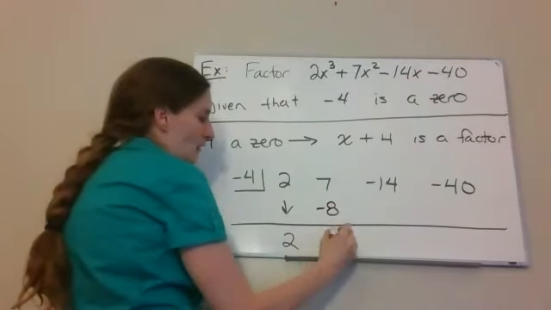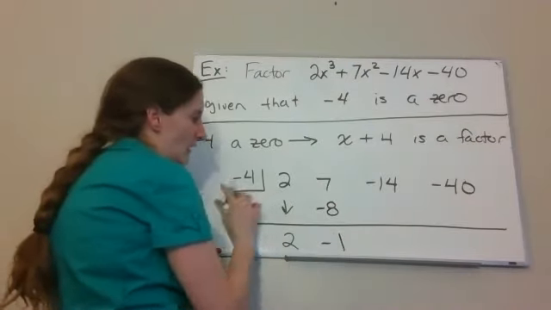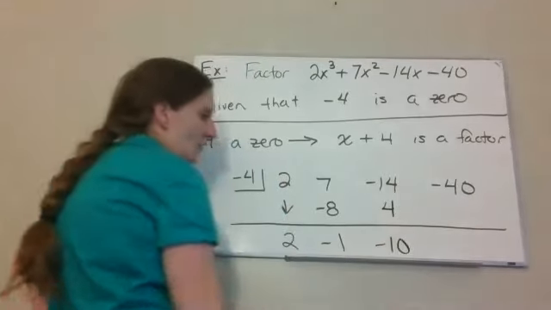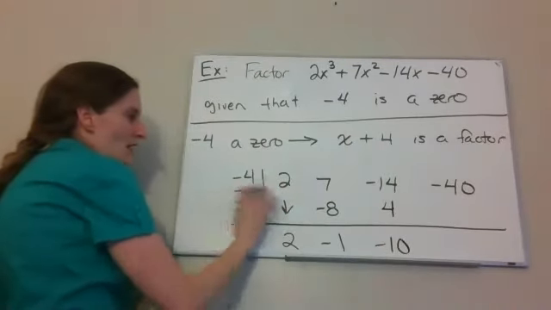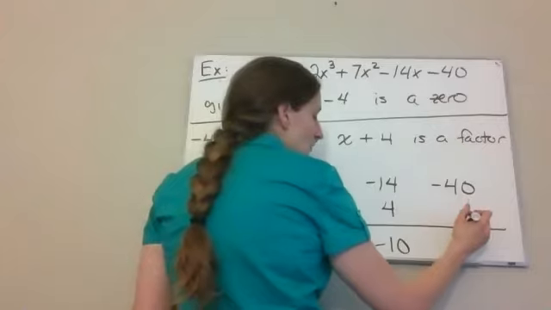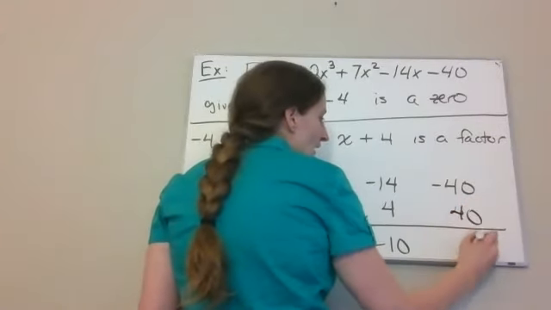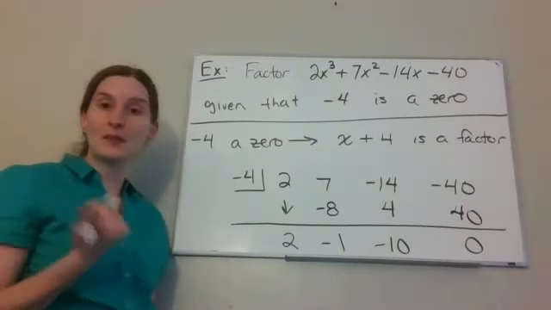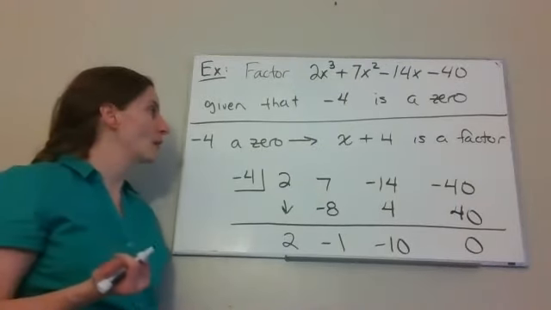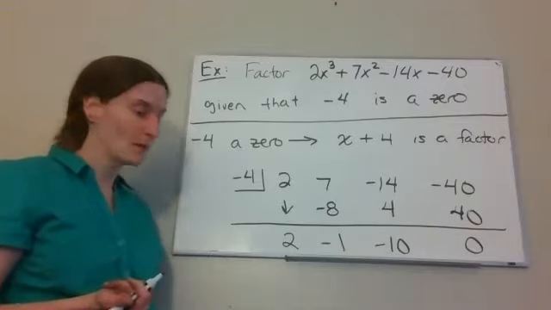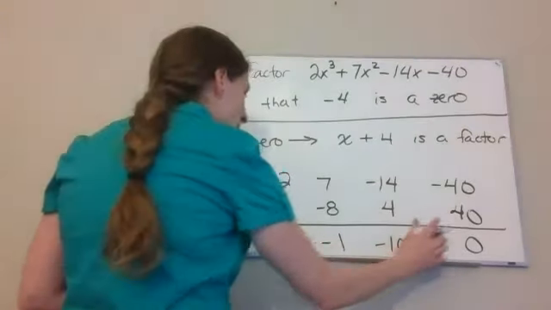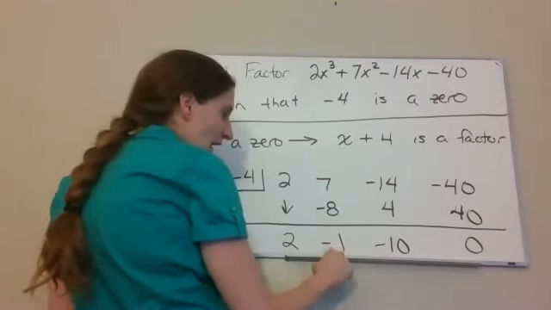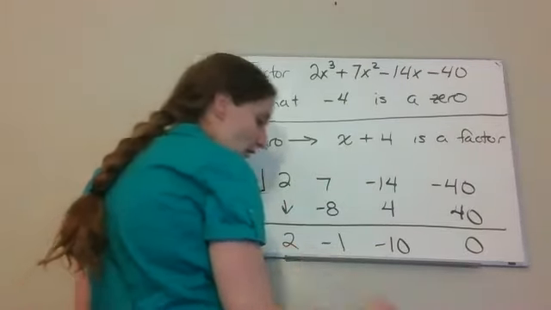Add those together to get negative 1. Negative 1 times negative 4 is positive 4. Add together to get negative 10. Negative 4 and negative 10 multiplied together gets me 40. Add them together and get 0, which is what we're supposed to get. Remember, this is supposed to be a factor, so I'm supposed to have a remainder of 0 there. So this is my remainder, this is my constant, this is my x, and this is my x squared.